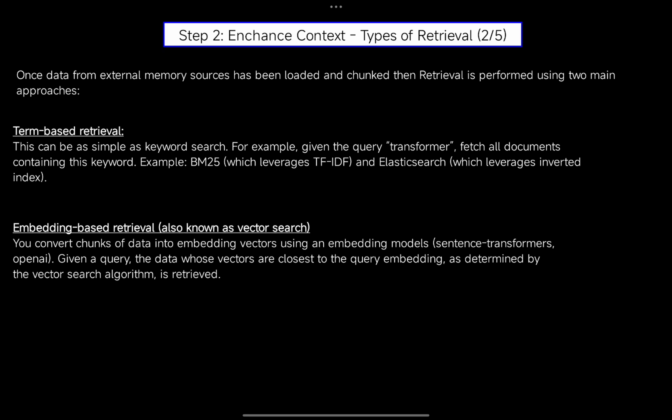So these are the very basic steps you should be aware of when you are enhancing the context using proprietary data or domain specific data. Now, this vector search is a more expensive approach, which requires creation of the embeddings and then storing in the vector DB, and the term-based retrieval, which we talked about, is a simpler approach, right?